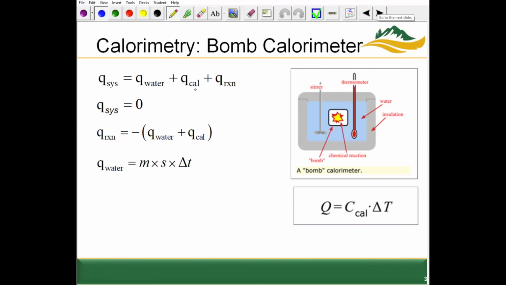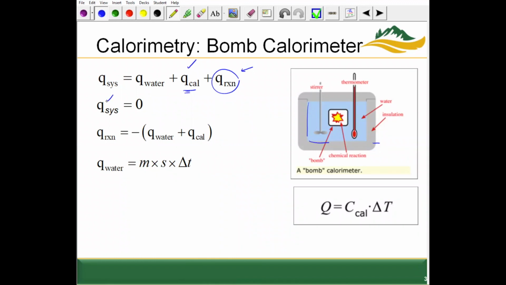The calorimeter material itself can absorb some of the heat. If we're told the calorimeter material has a negligible heat capacity, then we don't have to worry about the calorimeter. But if we're not told that the heat the calorimeter itself can absorb is negligible, then we do need to take that into account in calculating the heat of the reaction, usually what we're interested in.